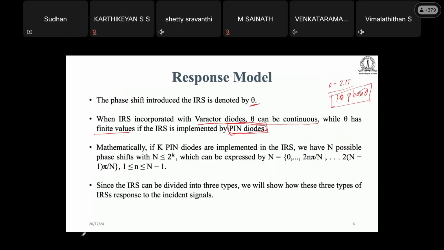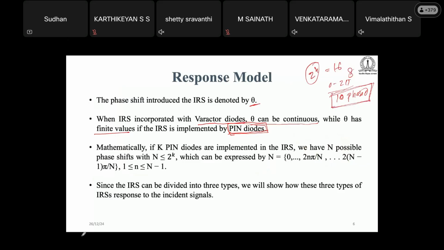So 10 phase values means we need PIN diodes, and they will be switching. How many diodes do we need? With off and on, we need 2 to the power 3, 2 to the power 4, 16, right? With 16 states we can get 10 different phases.